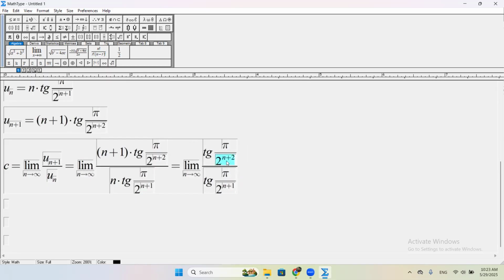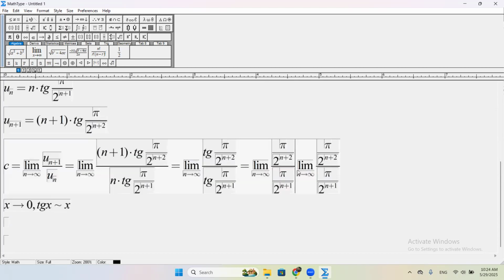When n approaches infinity, the argument of tangents approaches 0. And the same story for sine. So when the argument of tangents approaches 0, tangents of x is equivalent to x. So I will just remove tangents and replace with the arguments.